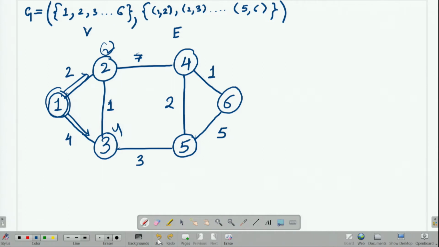Now let's explore the time complexity of the algorithm. As we saw, it goes through all the vertices of the graph, and at every iteration it chooses the node with the minimum possible distance from the starting node among all the unvisited nodes.